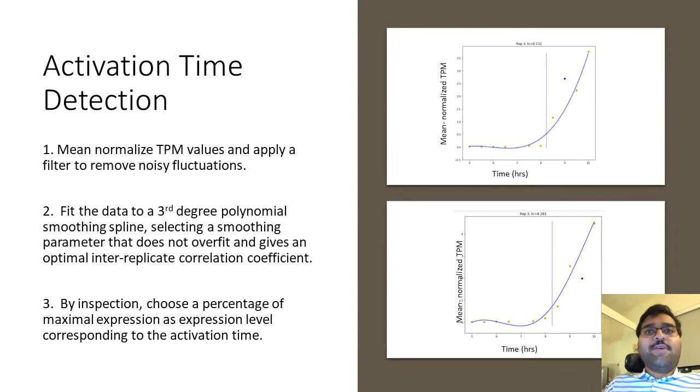So in order to make this comparison, it first becomes necessary to be able to rigorously define activation times. And this is what I spent most of the summer doing, devising an algorithm that could detect the activation time. So the first step of the algorithm was to renormalize the RNA-seq transcripts per million data and then apply a filter to remove noisy fluctuations in this data.